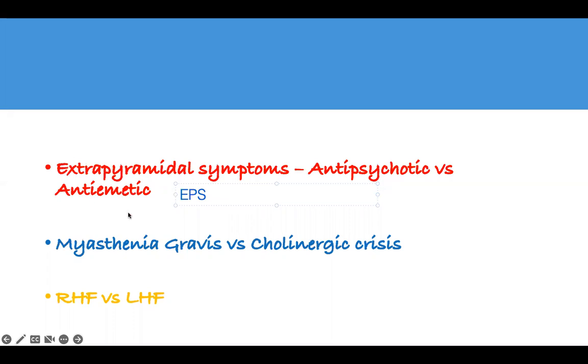And so you have to be able to distinguish between them. And most of the antipsychotic medication causes EPS. But then, most of the nausea medication does not. The key one for nausea medication is Reglan, metoclopramide, which is Reglan. Okay, that is the one that causes extrapyramidal side effects.